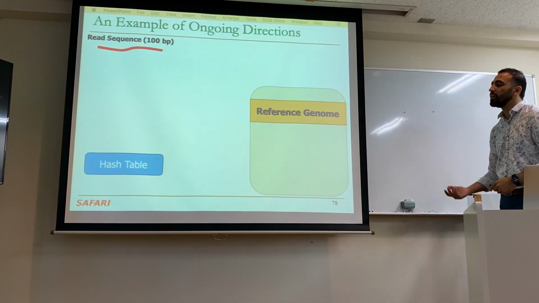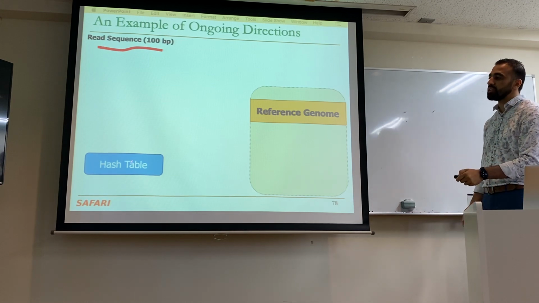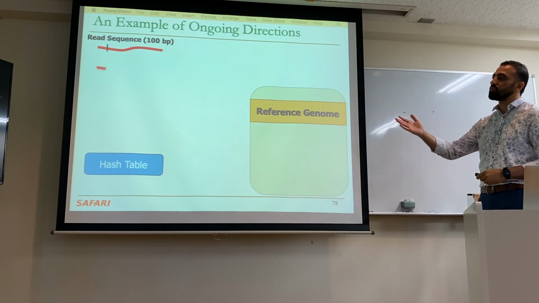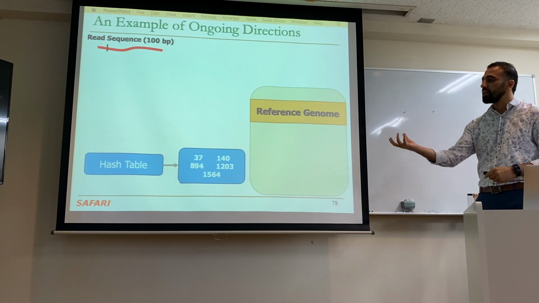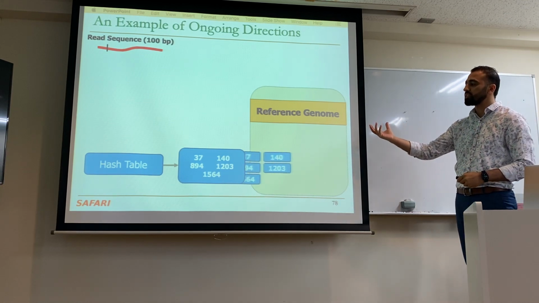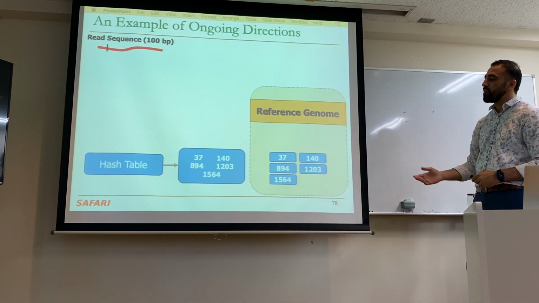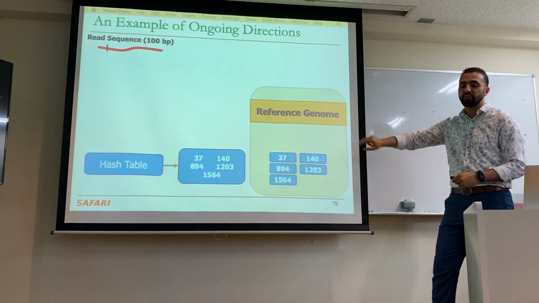So back to our old example, where I already have the index and the reference genome, and I got a piece of read. I want to get a seed out of this read, send it to the hash table, get a bunch of locations, then go back to the reference genome to extract segments at these locations. But I don't go and check every single location in the reference genome.